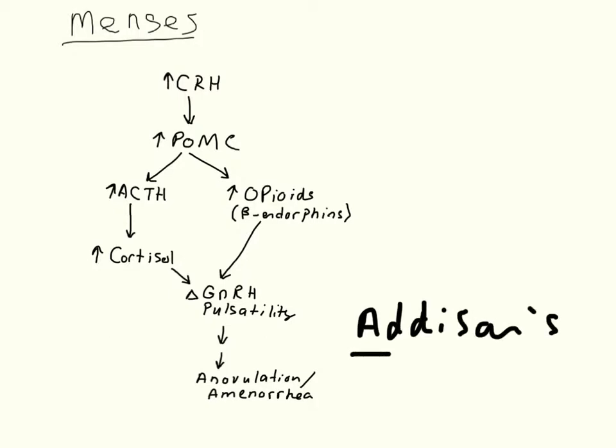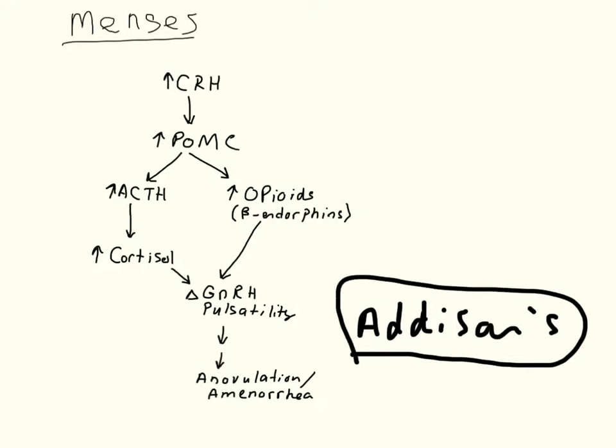what you have is the adrenal glands failing to produce cortisol, and you remove the negative feedback that it would typically have on CRH. This induces an increase in CRH, which induces an increase in pro-opiomelanocortin, and you have an increase in opioids. So in this way, you get amenorrhea or oligomenorrhea from both Cushing and Addison's disease.